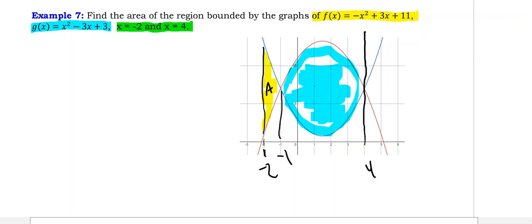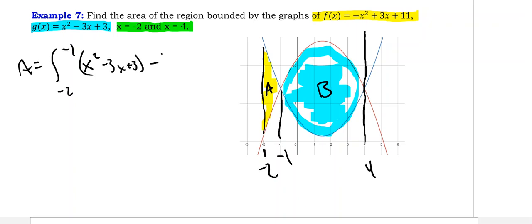So area A is going to be the upturning parabola. And this is from -2 to -1. The upturning parabola, x squared minus 3x plus 3, minus the downturning parabola, -x squared plus 3x plus 11 dx.